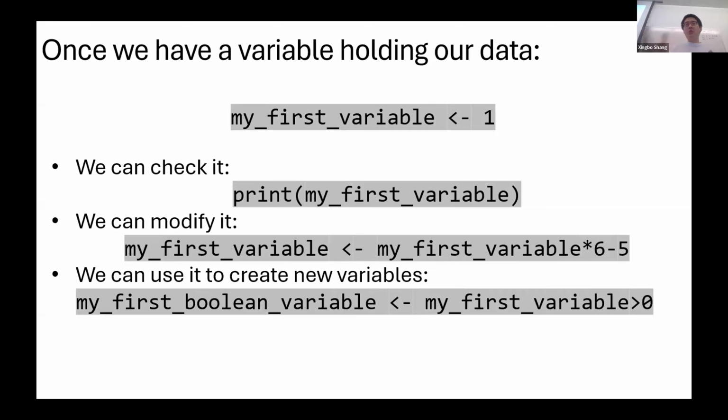We can do some numerical manipulation on whatever is stored inside the variable, as shown here. And most importantly, we can create new variables from old variables. For example, here we do some operation on the old variable and then store the results into a new variable.